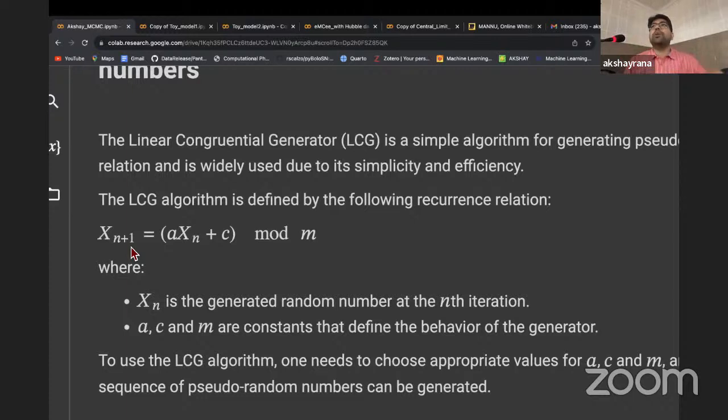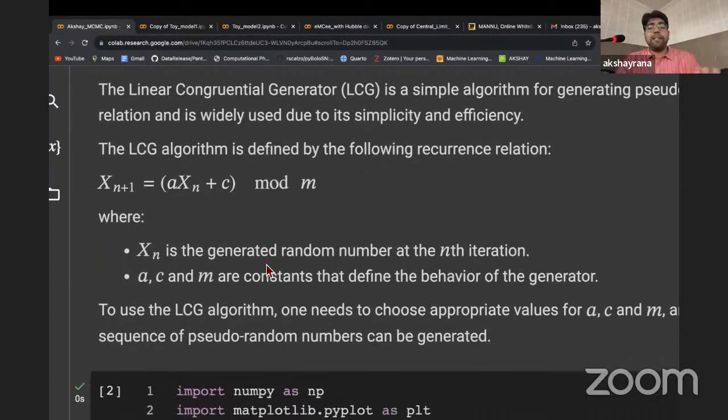But again, because your analysis is based on these particular parameters, this is not purely random. It depends on the choice of initial seed and the choice of A, C, and M. A is known as the multiplier, C as the increment, and M is the modulus. So you can play with it.